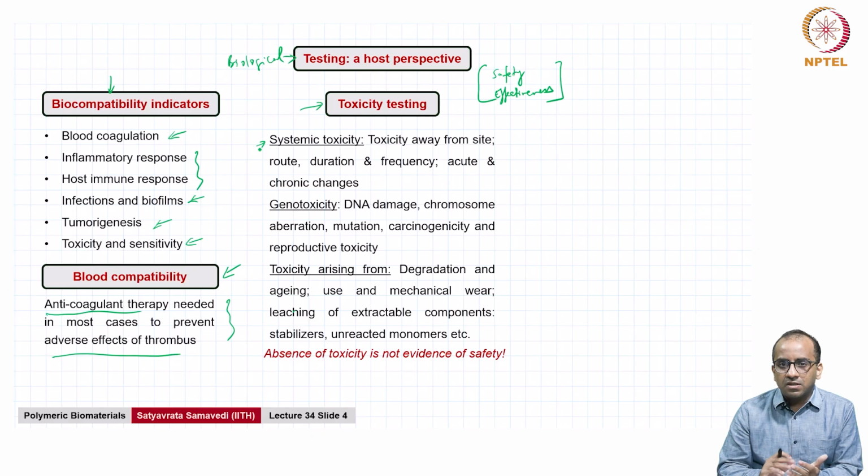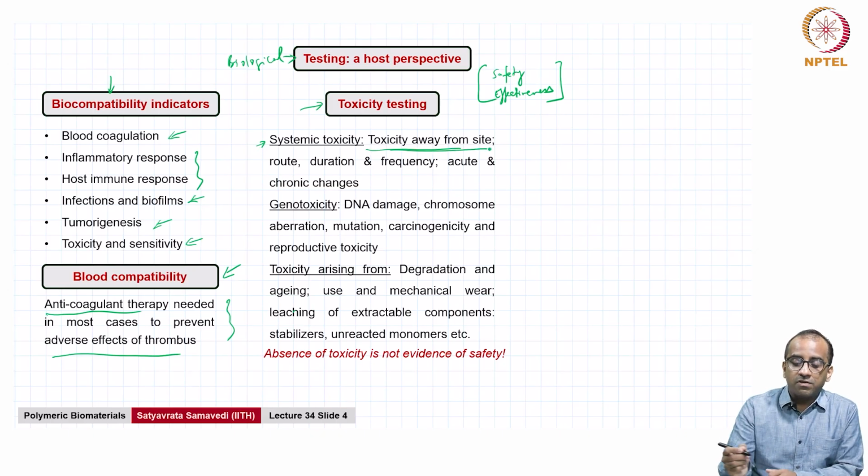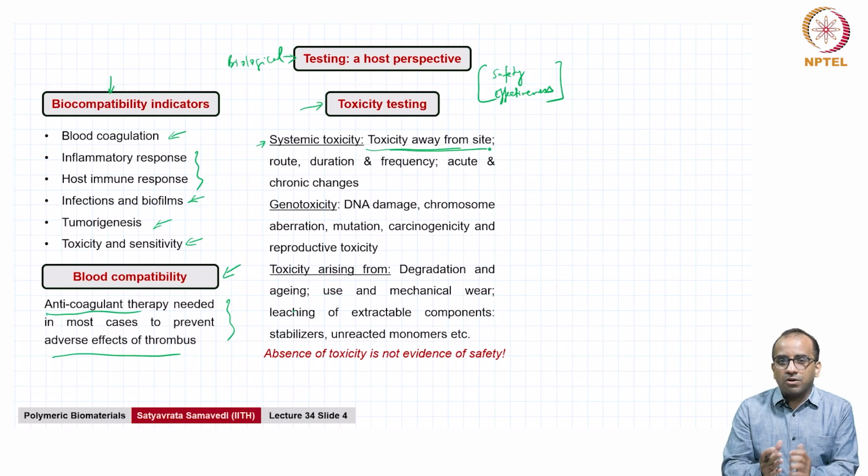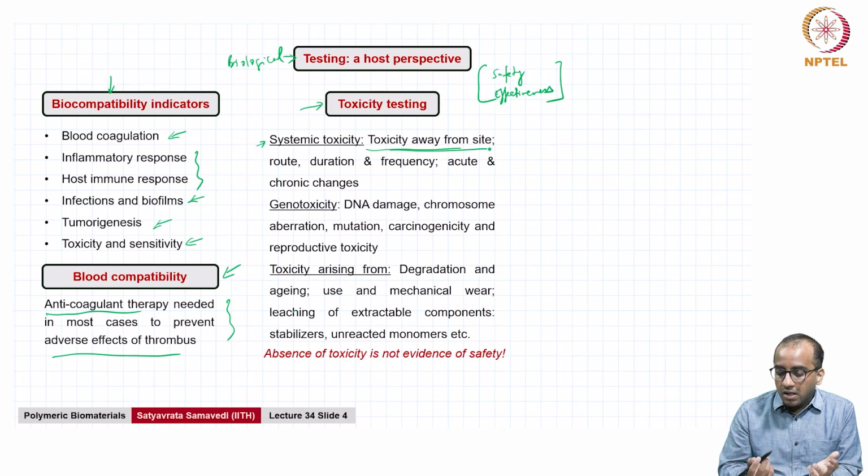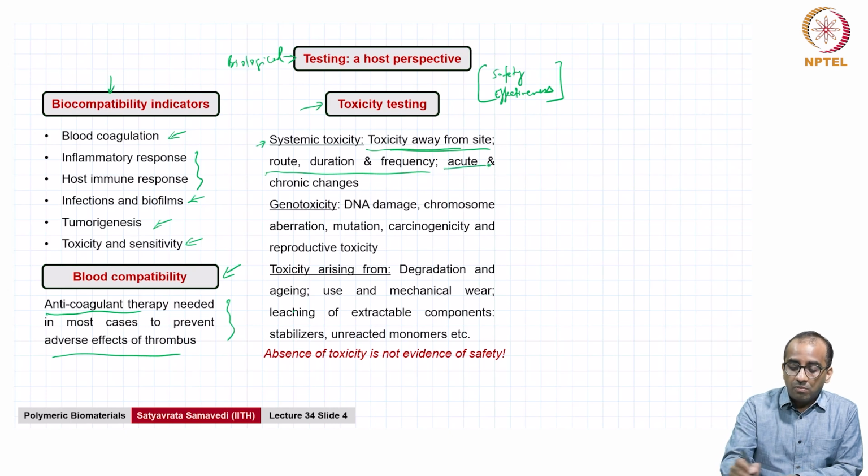But what you're interested in looking at in systemic toxicity is toxicity away from the site. Essentially, does this cause toxic effects away from the site systemically, particularly in organs such as the kidney and the liver? Here the route, duration and frequency are important, and you are interested not just in acute but also in chronic changes.